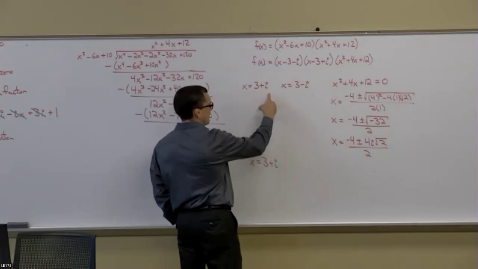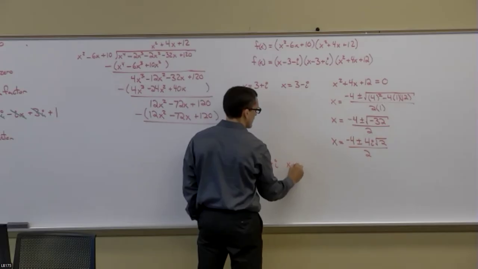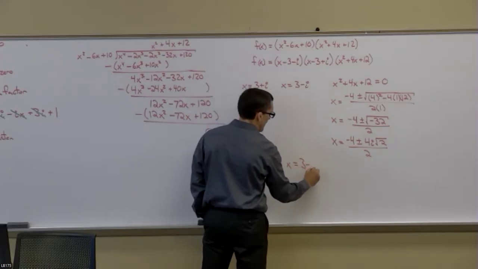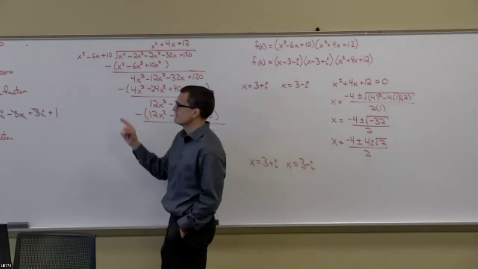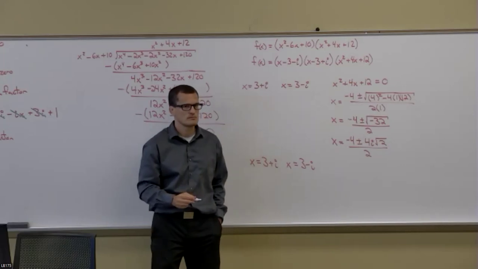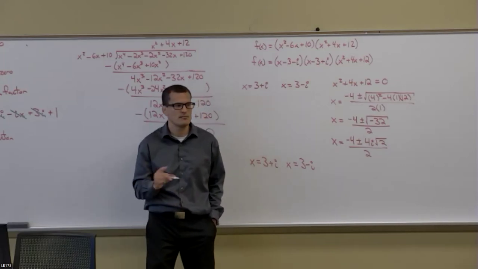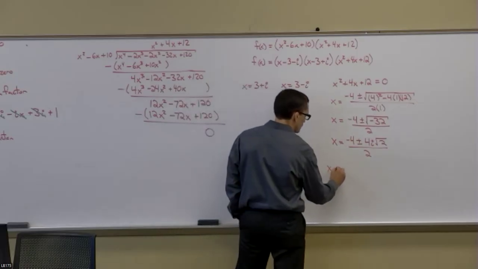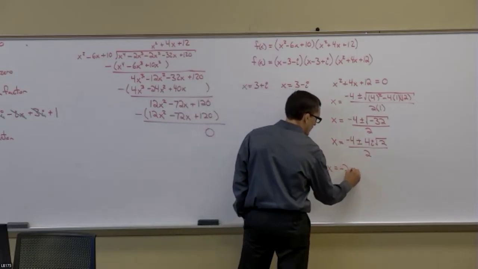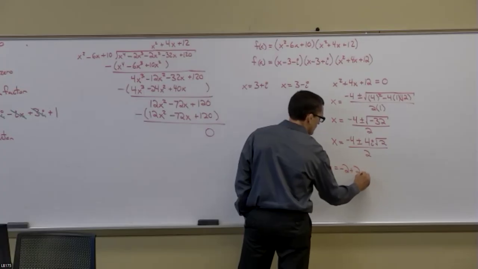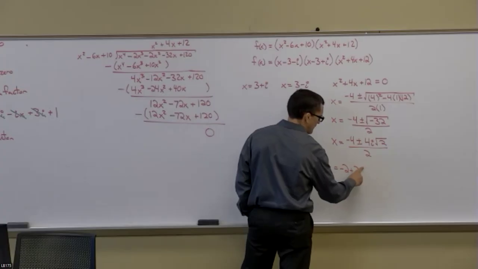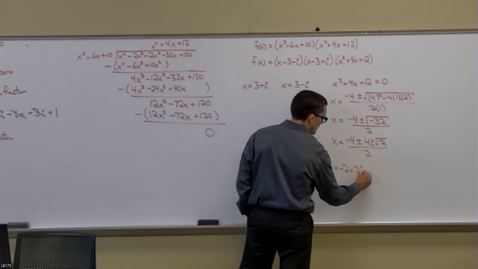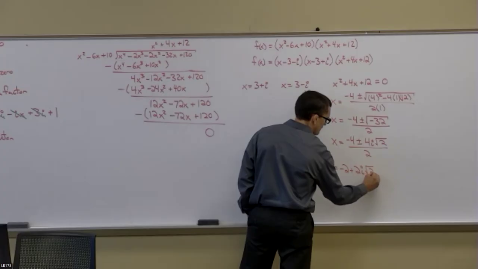I have the 3 plus i that I was given, the 3 minus i that I got by complex conjugates. And then I have this, which would be -2 plus 2 times the square root of 2i, or 2i times the square root of 2. Really doesn't matter. I can write that.